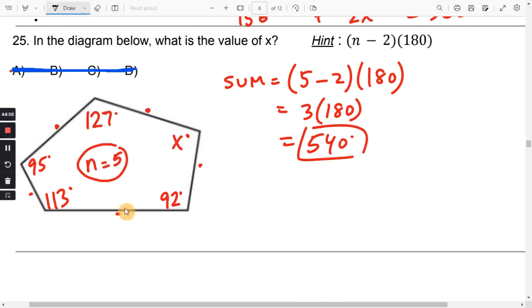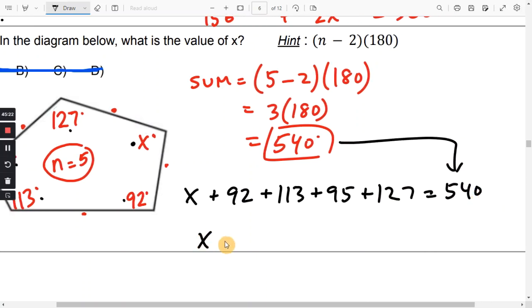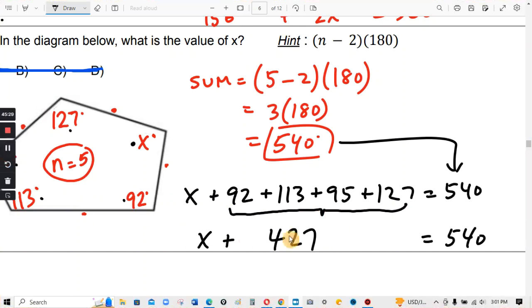All right, so let's do each angle. I'll start with x plus 92 plus 113 plus 95 plus 127. And that equals the sum, which is 540. Combining like terms, I'm going to do this on the calculator, and I get 427.